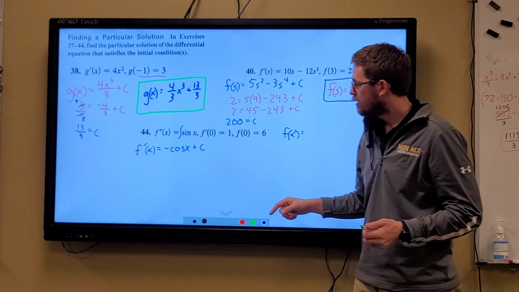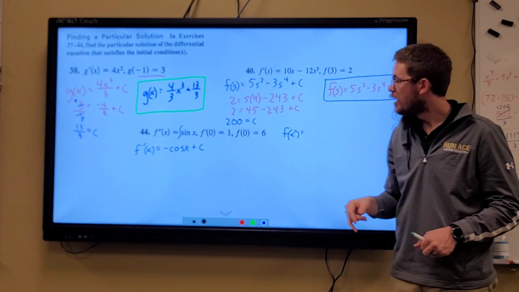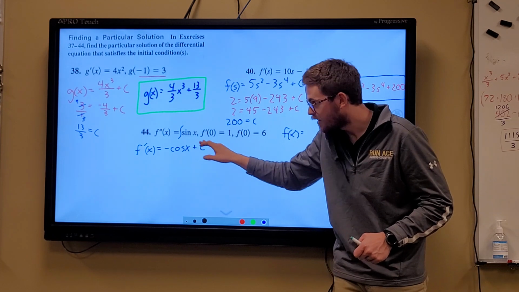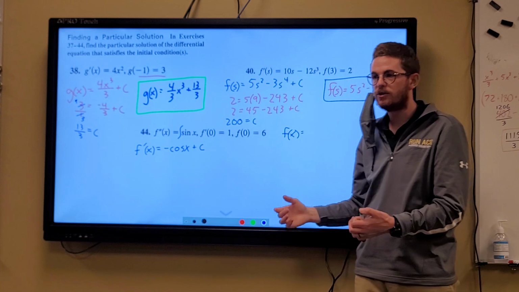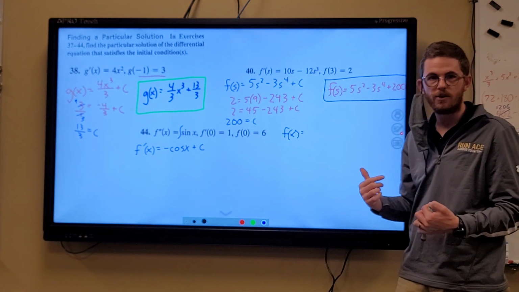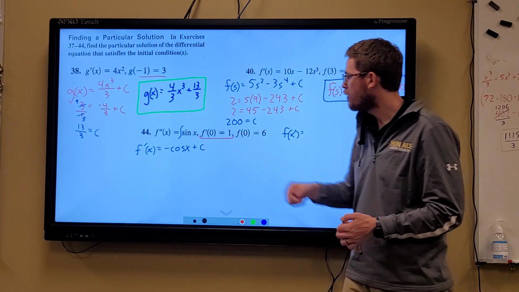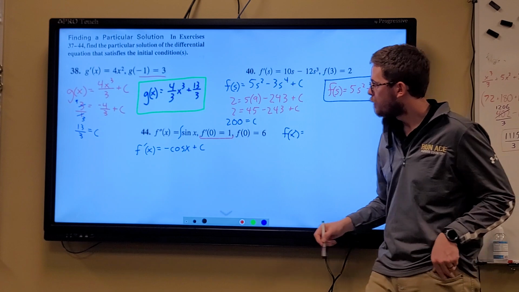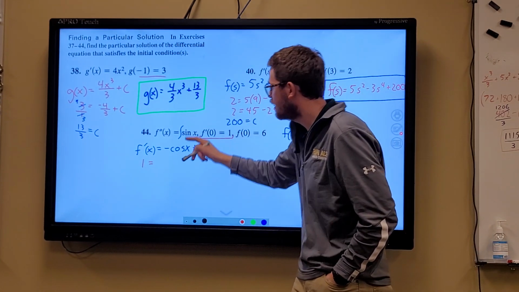At this point, I know I've got to integrate again to get f of x, but when I integrate a constant with respect to x, it's going to produce a term. So I need to know what that c value is before I do another integration. And they gave me the ability right here to figure out what that c value would be in my first derivative. When I plug in a 0 for x, I get out a 1.